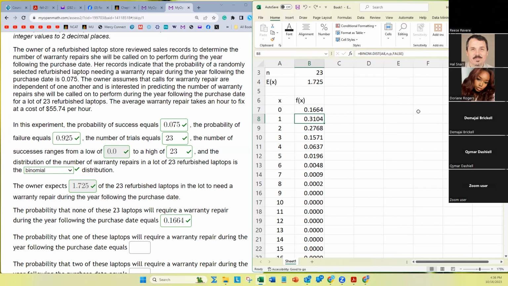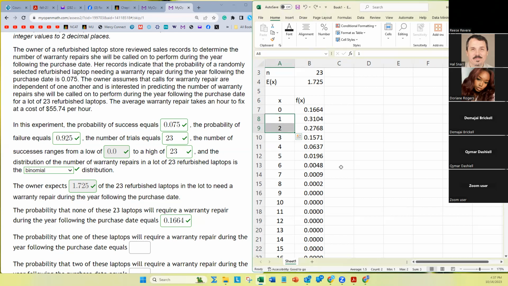Yeah, one of the 23 laptops needing a warranty repair is the most probable. And the second most probable is 2. Why is that? Well, that's where expected value is, right? Our expected value is between these two. You see that? So those are going to be our most probable and second most probable values. They're right around the mean, right?